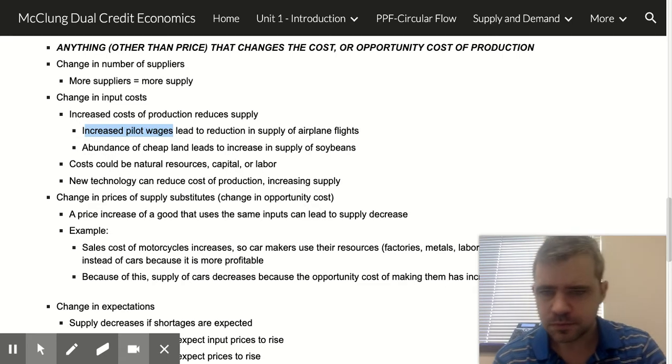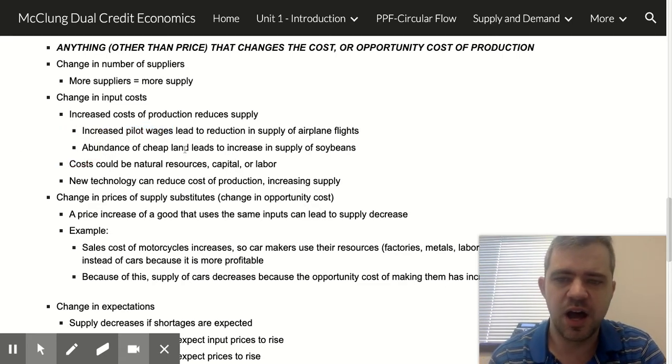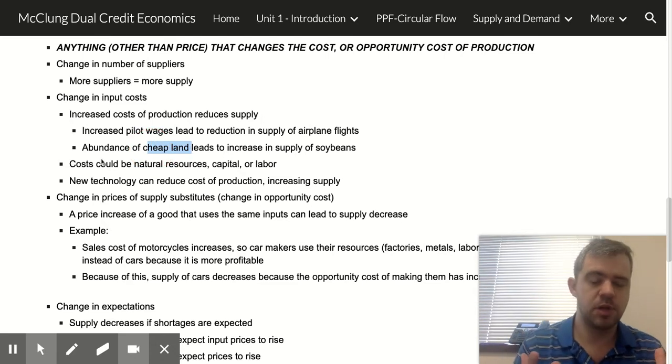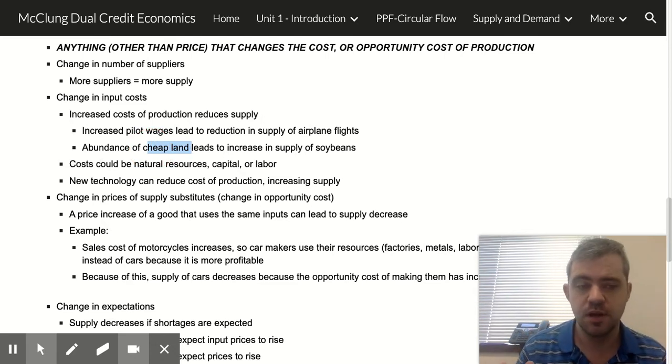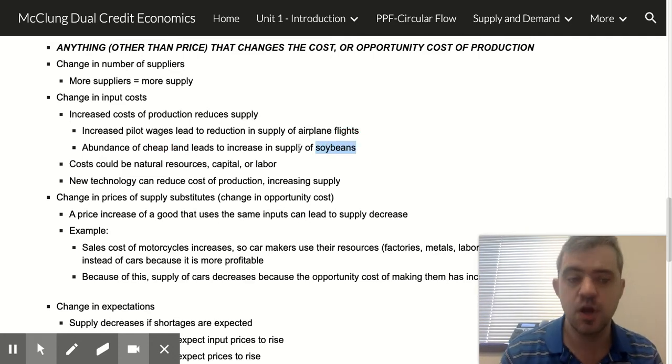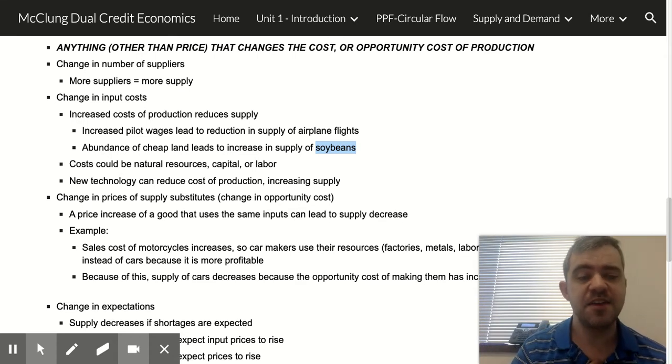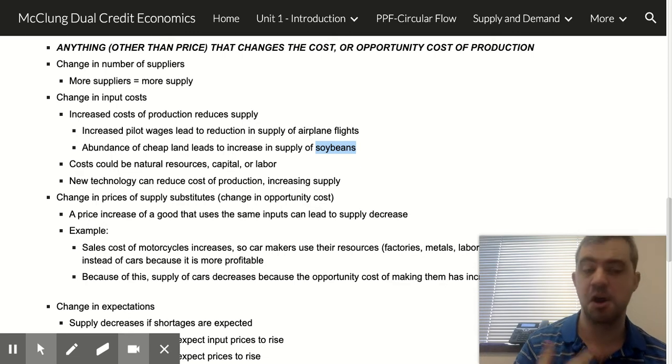Or let's say that all of a sudden you can find a lot of cheap land. Okay, well, now the cost of growing crops decreases. So that's going to increase supply. So anything that increases your input costs is going to make it harder to produce.